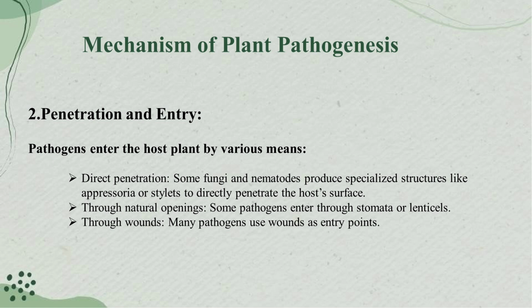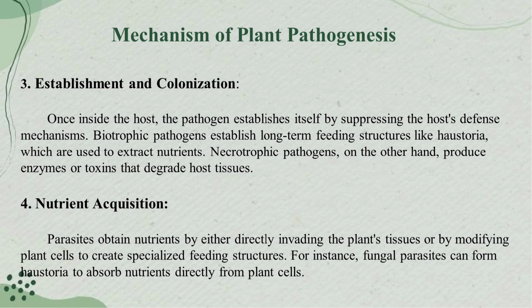Direct penetration. Some fungi and nematodes use special structures like appressoria or stylets to break through the plant surface. Natural openings. Pathogens can enter through stomata or lenticels. Wounds. Many pathogens take advantage of wounds to enter the plants.